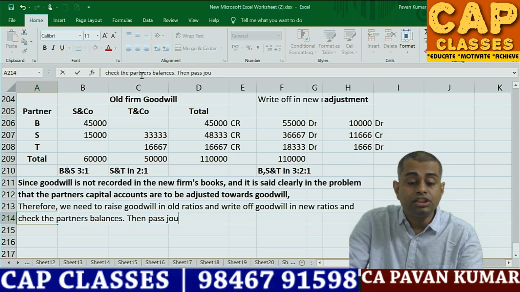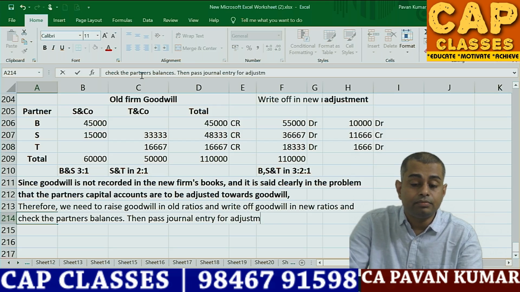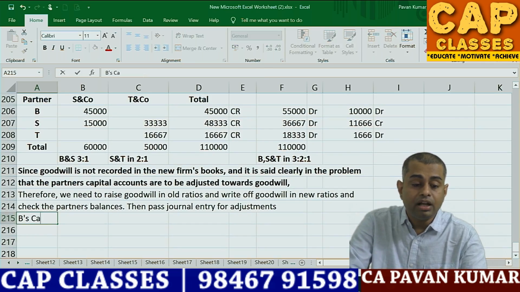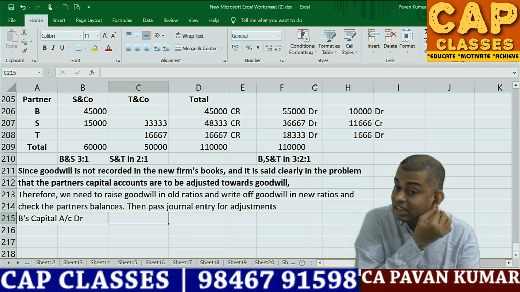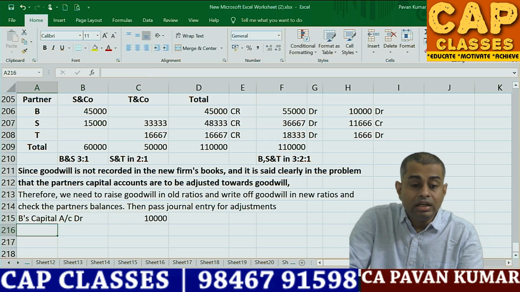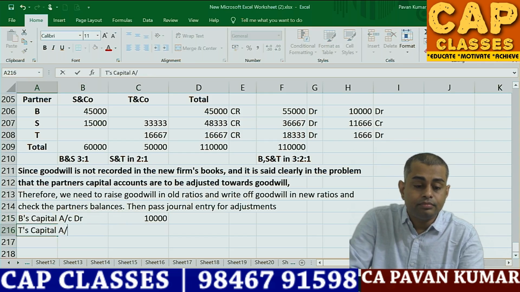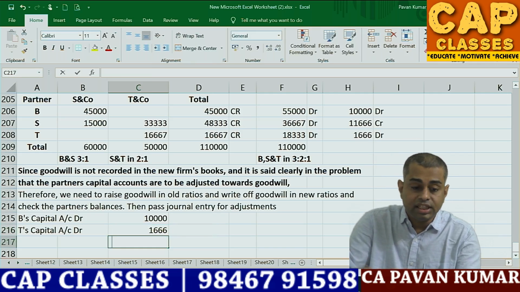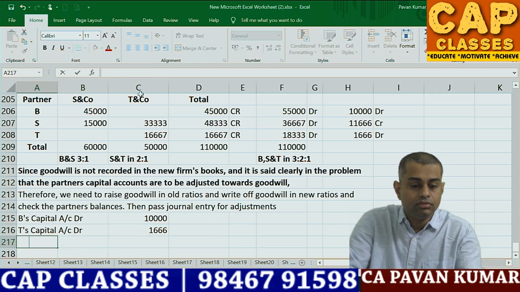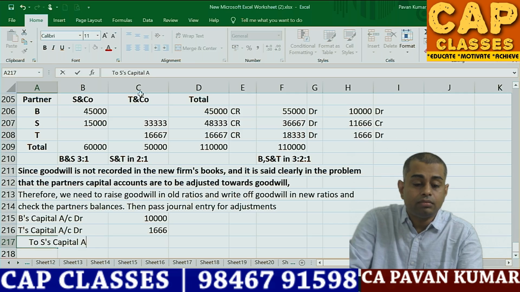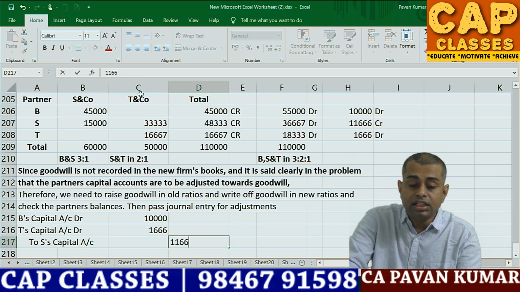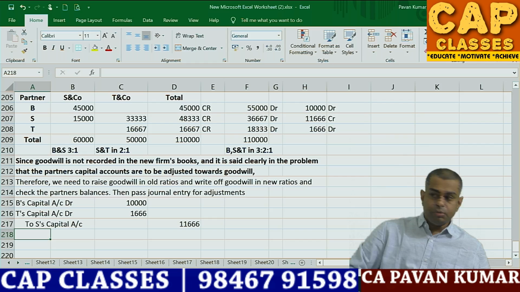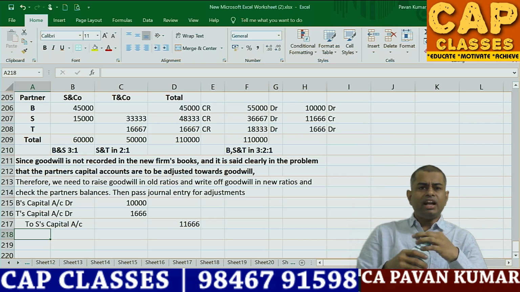Then pass journal entry for adjustment. So then you will pass the journal entry, B's capital account debit. What is the debit in his account? 10,000. T's capital account debit. What is the amount? 1666 to S's capital account. Credit 11666. That's it. If you understand this, 90% of problem is over. Simple, right?